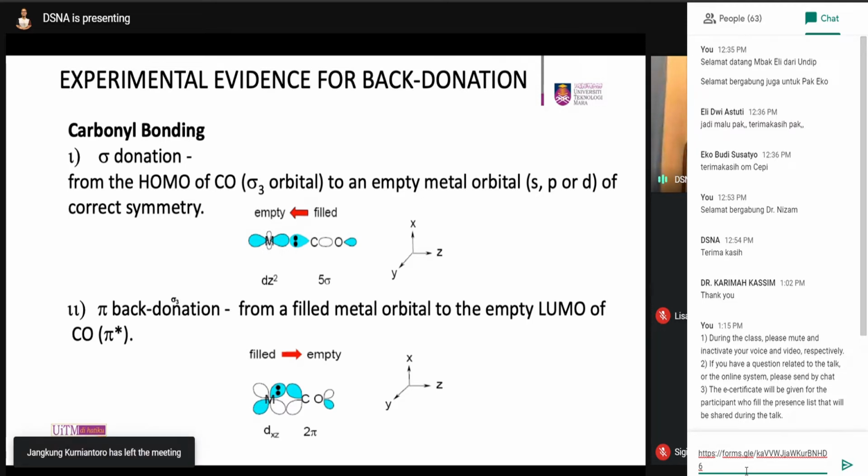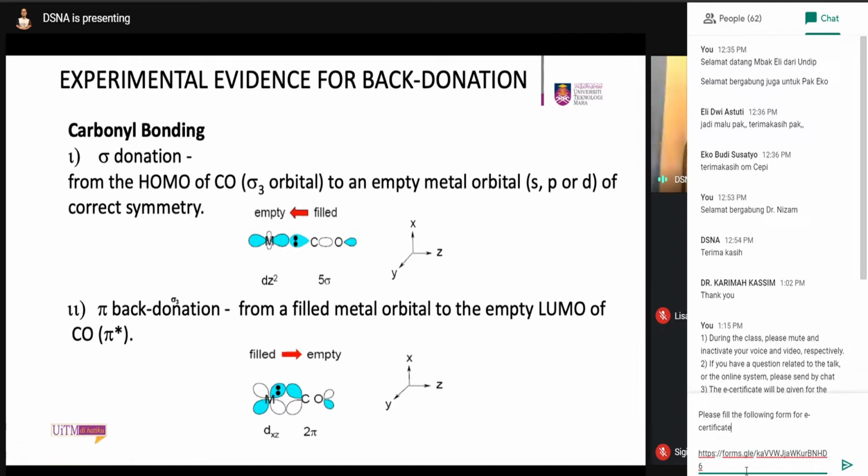That's why sometimes you see a metal with positive charge and sometimes a metal with negative charge. It is negatively charged when it has an excessive number of electrons, and it can reduce the number of electrons by giving back the electrons to the ligand. Those electrons are then transferred into the LUMO, which is pi antibonding. That's why we call it pi back donation.